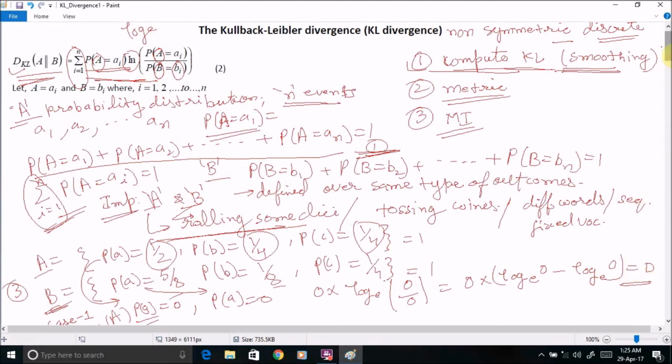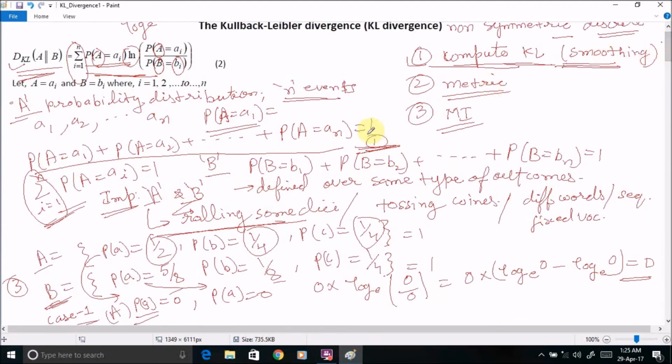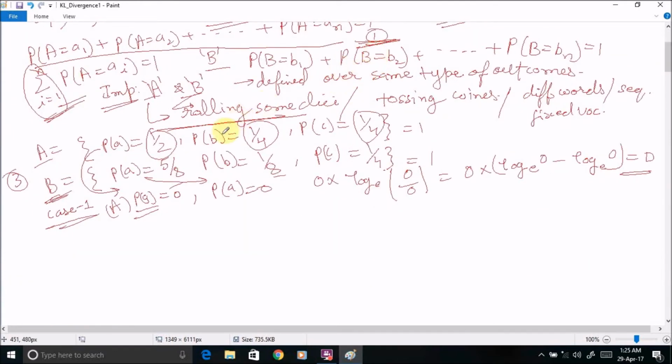So it will not create any problem in the entire computation. The same may be possible with the second event, third event or any of the nth event if the probability distribution contains n events.